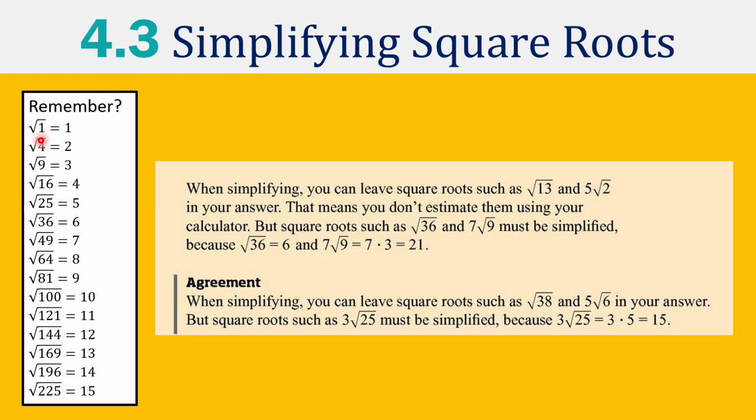So this is the list of squares, but then inversed for square roots. 12 times 12 is 144. So the square root of 144, for example, is 12. 3 square root 5 is the same as 3 times 5. You can do this mentally, so you have to write it down as well. This as a final answer does not suffice.